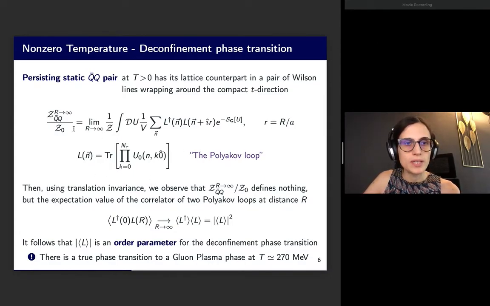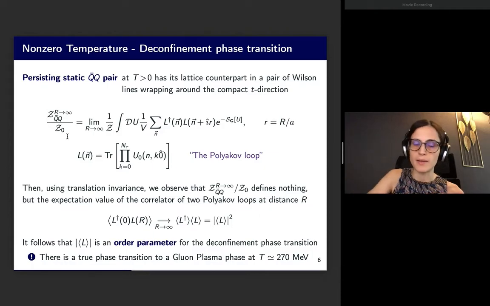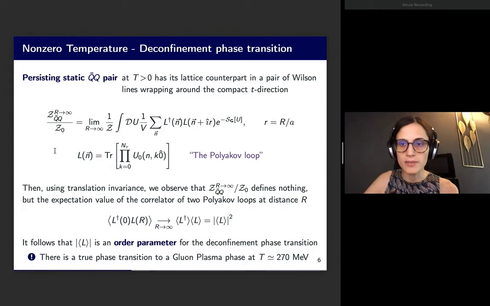Okay, then we have a way to rewrite the ratio of the partition functions that then matches back to the free energy difference through which we distinguish the two phases. Then if we also use translation invariance, which is in place on our lattice, we observe that the ratio of the two partition functions defines nothing but exactly the expectation value of the correlator of two Polyakov loops at some distance r.